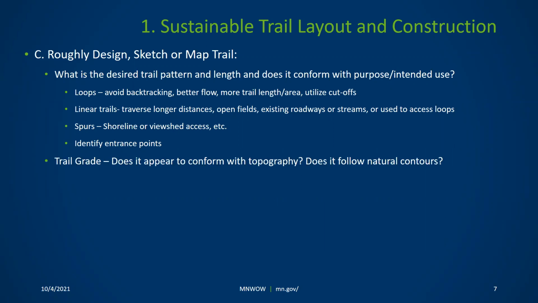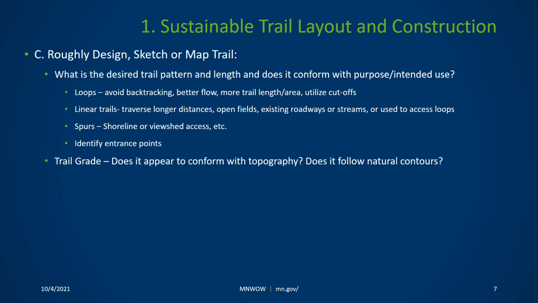So another big thing to pay attention to as you're sketching things out is, does your trail appear to conform with topography? What we really want to avoid is trails that go straight up and down the slope, and you'll see it a few times in here, but I'll refer to fall line trails. And fall line trails are those trails that do run up and down the slope. And they're going to be maintenance nightmares.